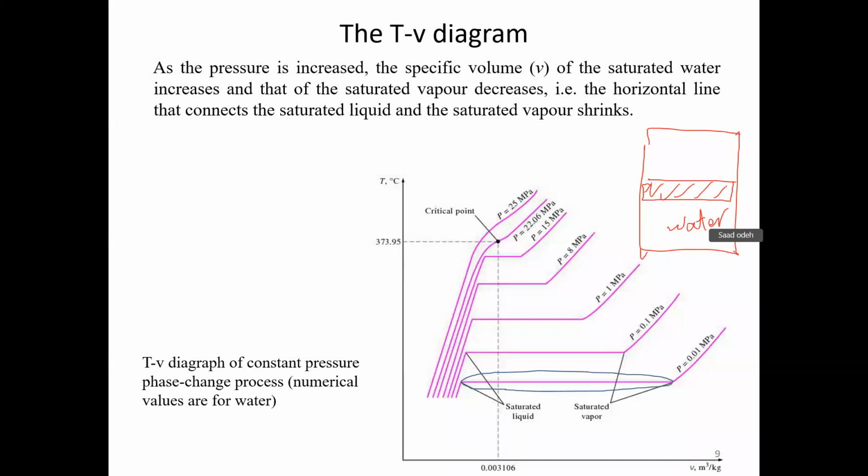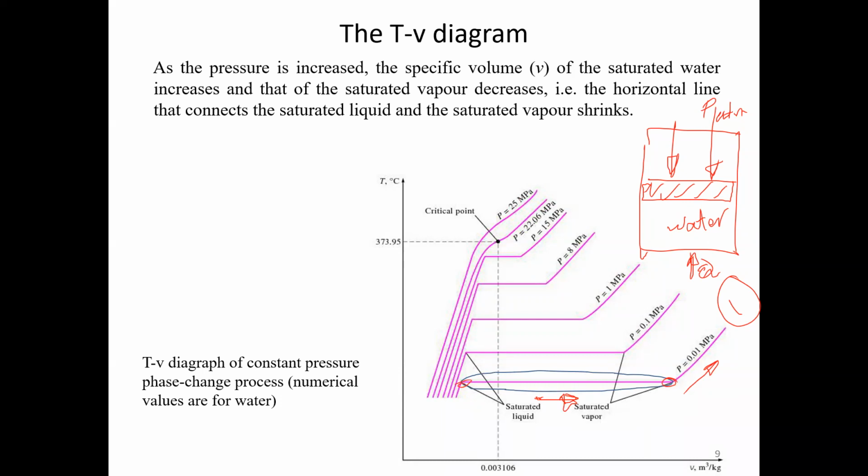So this is, for example, case one. I take only the atmospheric pressure and start to heat, Q underneath. And I'll find out this is the line that the phase change will follow at this pressure.